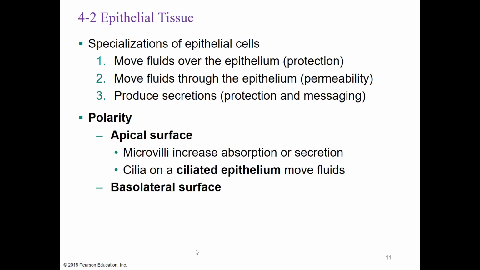We talked about how cilia can move fluid across the cells, and microvilli, we talked about those in chapter 3. Their job is to increase surface area for absorption. So we're going to see microvilli in places where we're absorbing nutrients, perhaps, like in the small intestine.